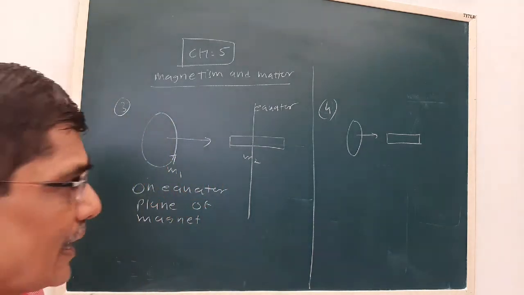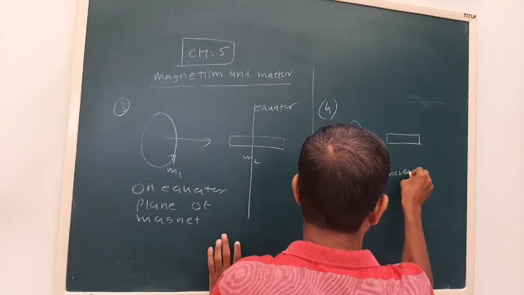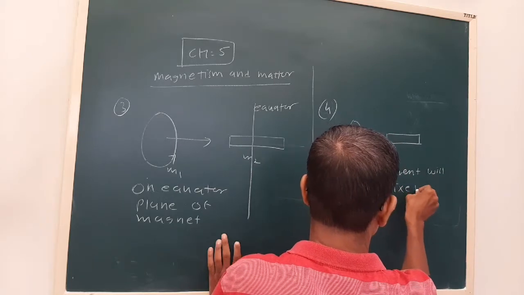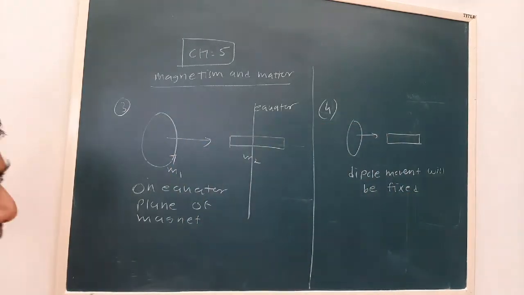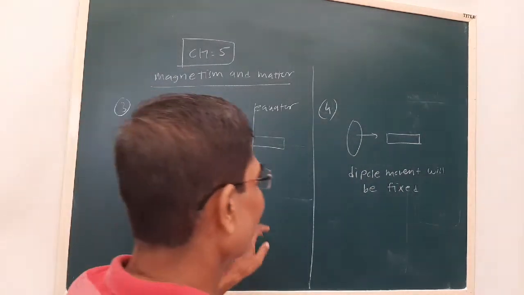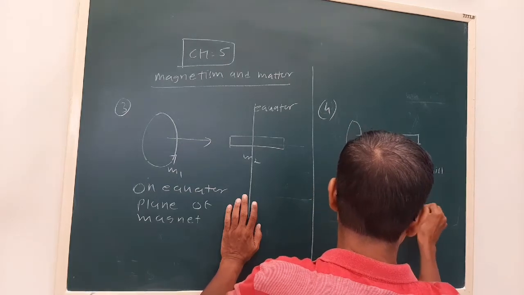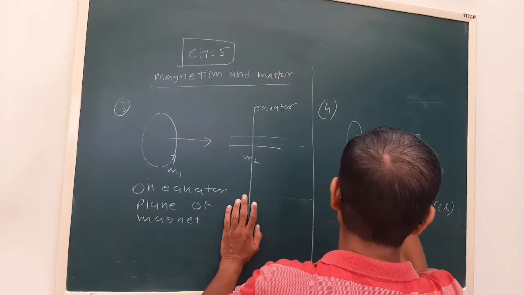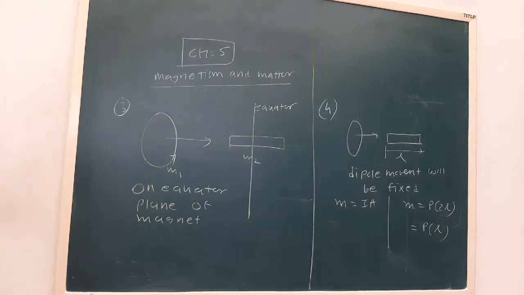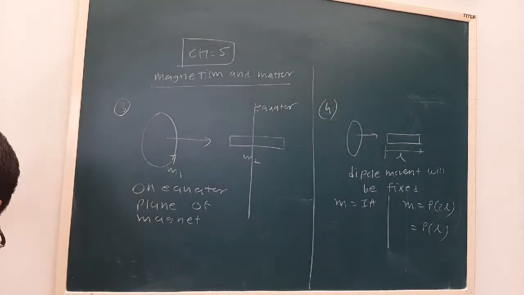Some books take length 2L, some books take the length L. So the dipole moment M will be IA, or pole strength P into 2L, or suppose they take length L, we can take L also. So this is how the dipole moment remains the same.